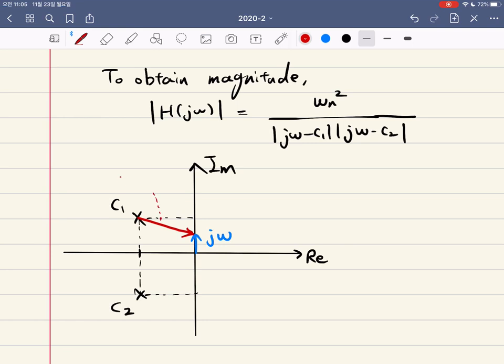And this will be j omega minus c2. So to obtain the magnitude at this point, you have to obtain the length of this vector and the length of this vector, and you have to divide omega n squared by them both.